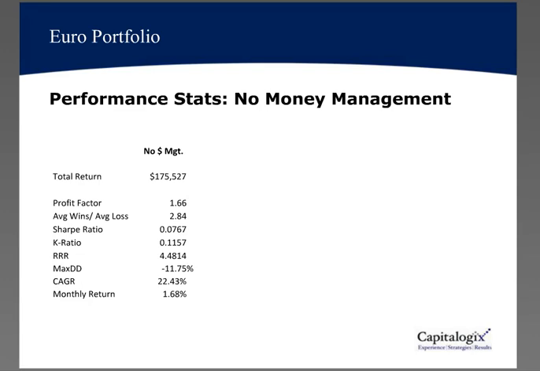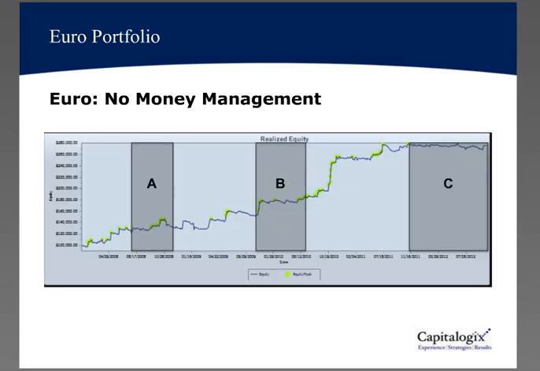This is my portfolio with no money management. And as we go through this stress testing process of what kind of an influence this money management strategy has on my portfolio, you see what the net effect is. It's going to take me a little while to get through this, so just bear with me, because there's a process that we have to go through to really get a real appreciation for what we're doing.